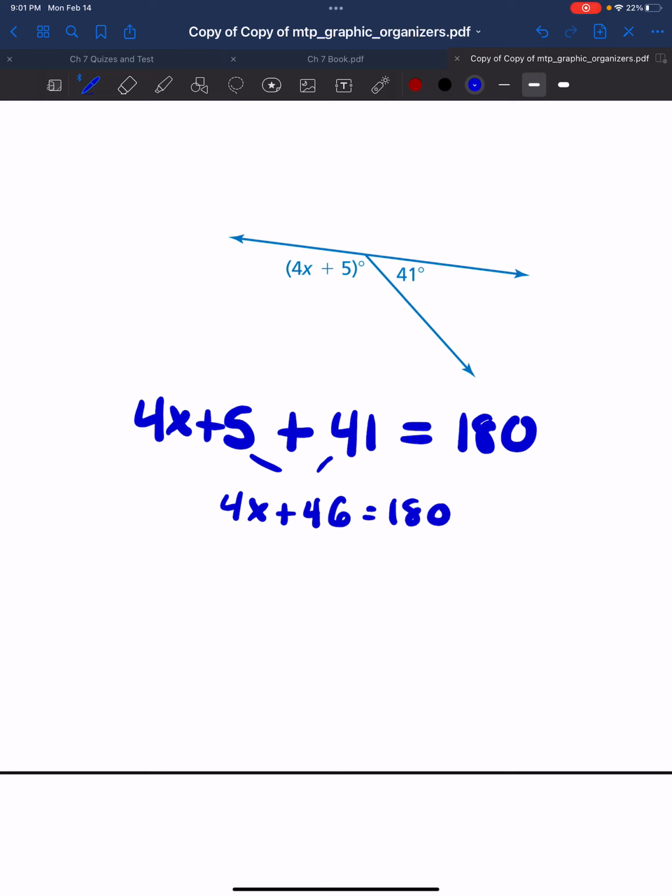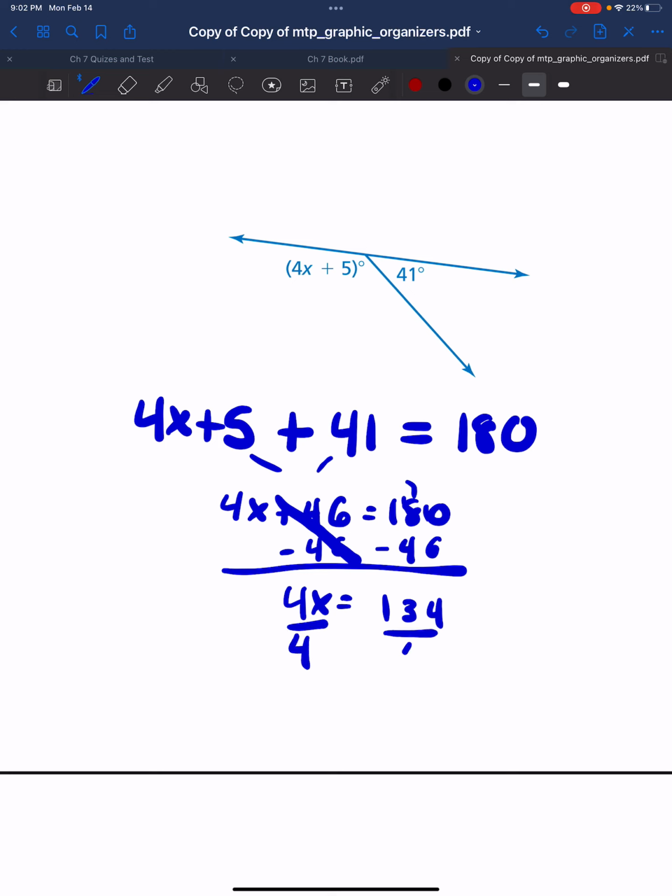I have to get rid of that 46 first by subtracting it. These two would cancel out, which leaves me with 4x equals 134. Okay, now to get x by itself, we divide by 4, divide by 4.